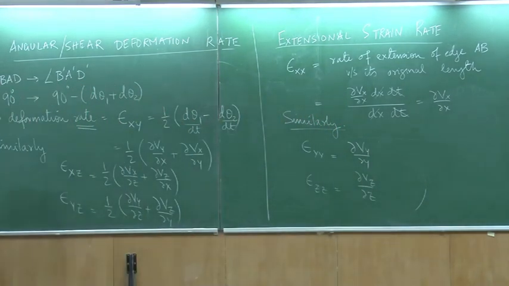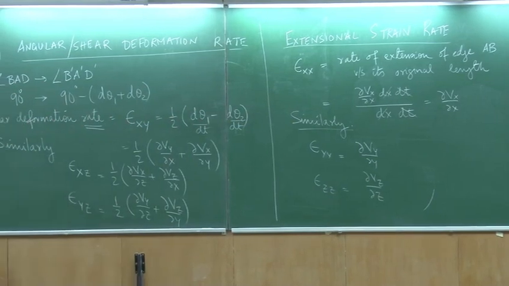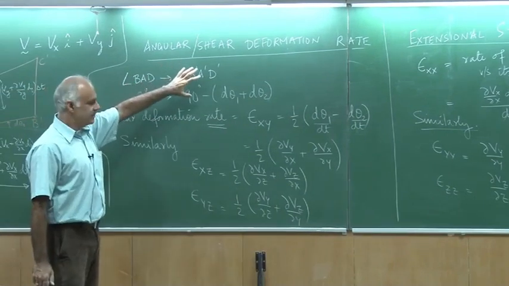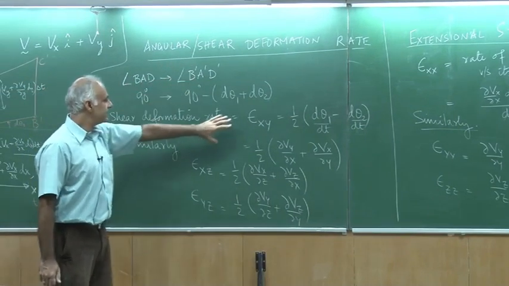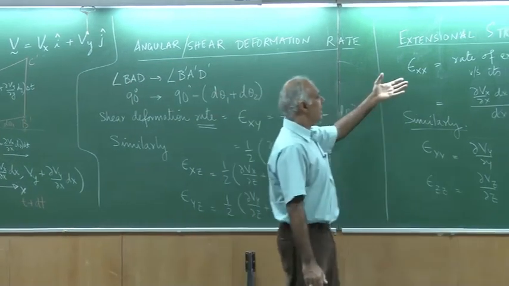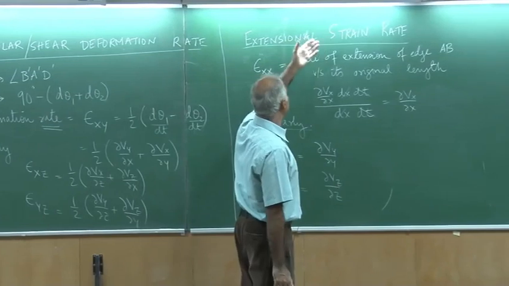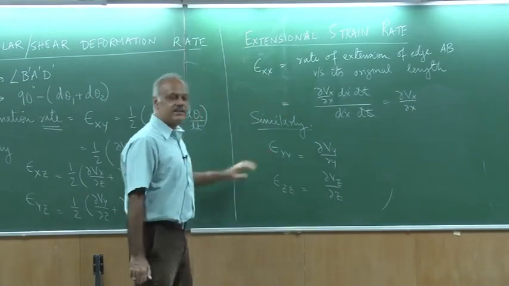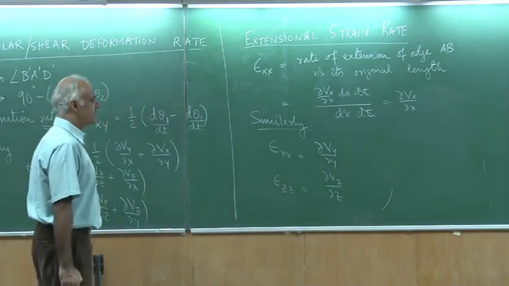Okay. So, if I put both these things in perspective, I am talking about the shear deformation, which is given by these three quantities over here, and I have the direct strain rates or the extensional strain rates, which are again these three quantities Exx, Eyy, Ezz.